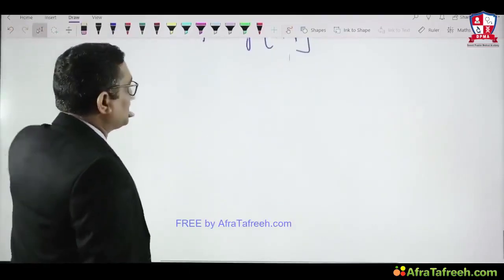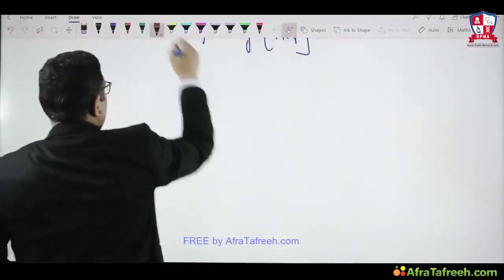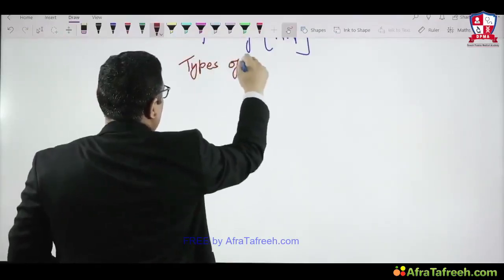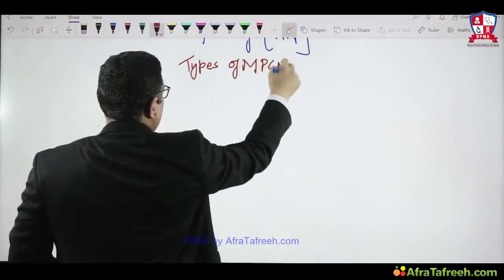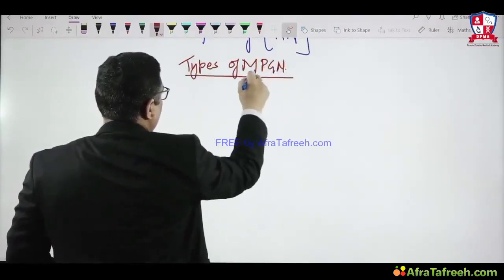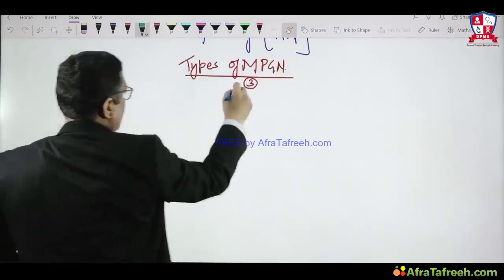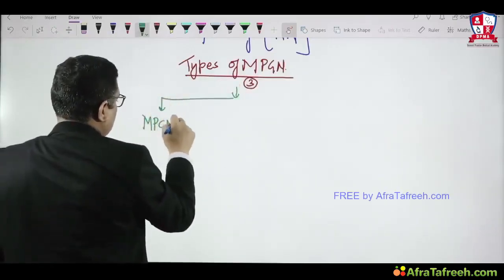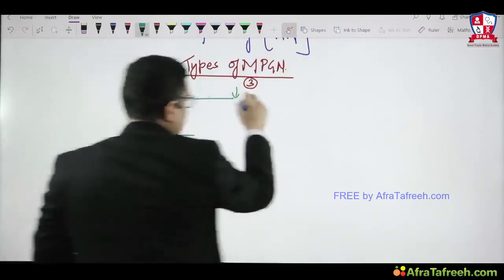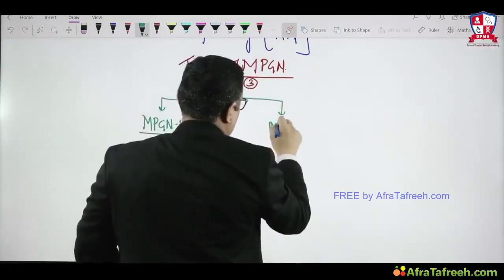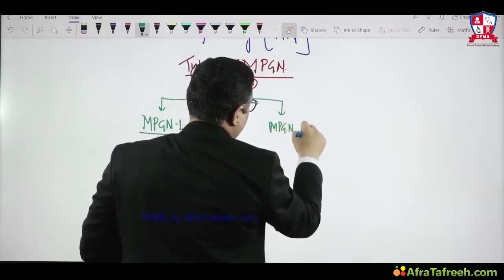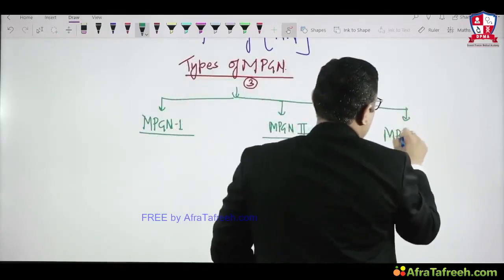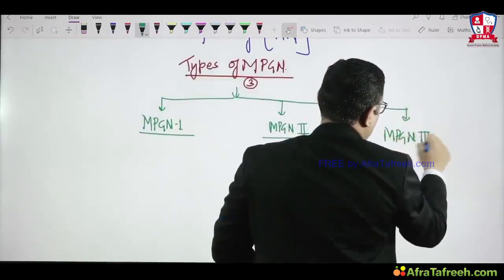Now we will see the types of MPGN. There are three types: MPGN type 1, MPGN type 2 and MPGN type 3, which we are going to discuss one by one.